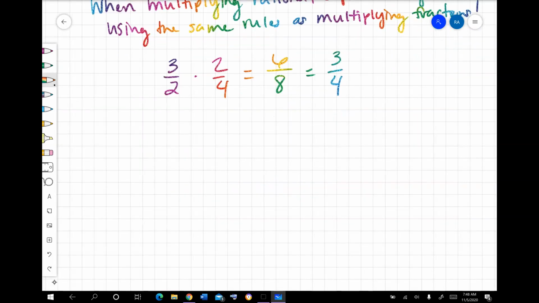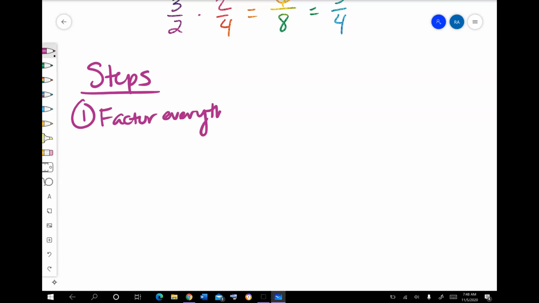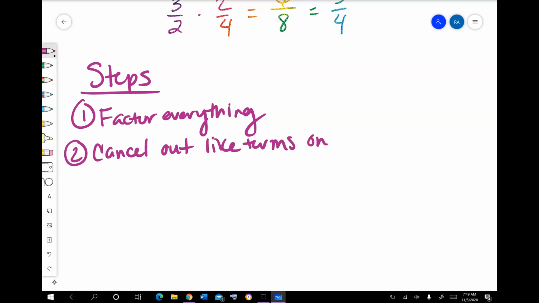Okay? So, there are some steps when multiplying rational expressions. Steps for multiplying. First and foremost, factor everything. You want to factor everything. Okay, if it's factorable, factor it. Get it down to the bones. Okay, after you factor, you want to cancel out like terms on top and bottom, just like we did with simplifying.